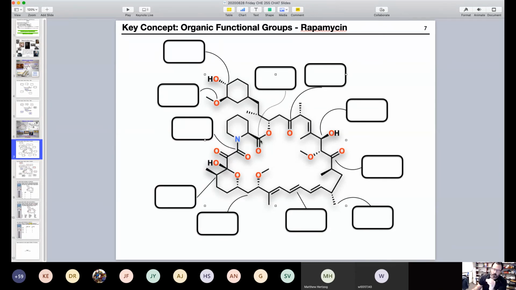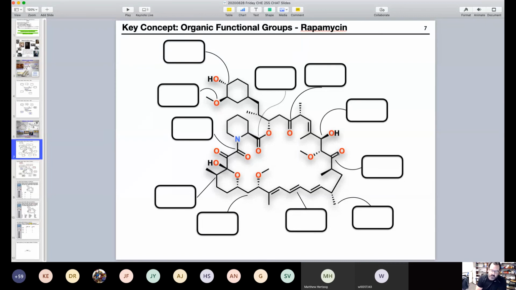So to circle back to what Sarah was asking about, why is one a ketone and another an ester? To help you categorize these functional groups, look at this carbon and just count the heteroatoms. 1, 2. You're counting the bonds. That's 2.